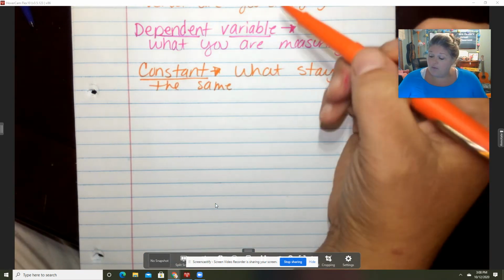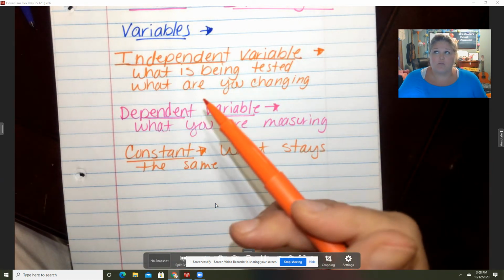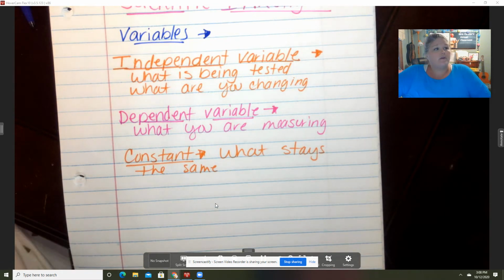Anyway, the independent variable is the thing that changes in an experiment. What's being tested. If you want to do an experiment on, oh gosh, this is hard to come up with off the top of my head, maybe bubblegum and how long bubblegum keeps its flavor.